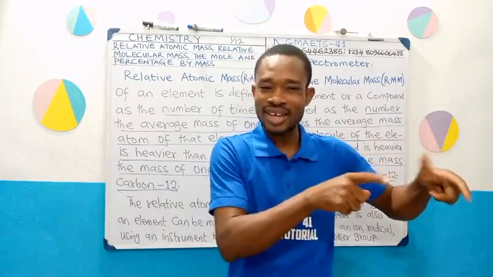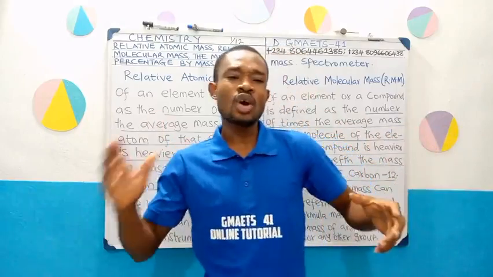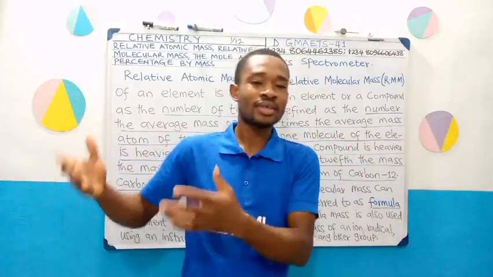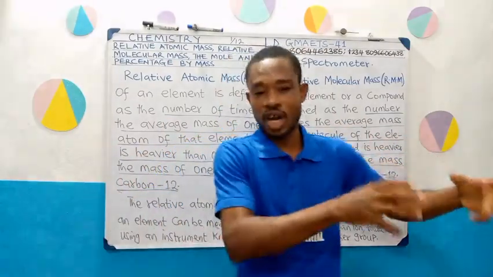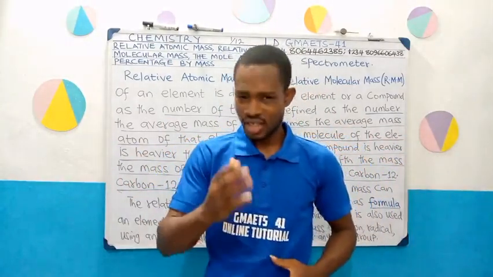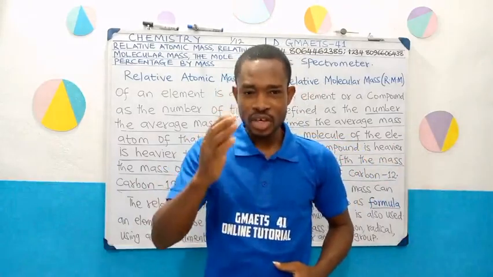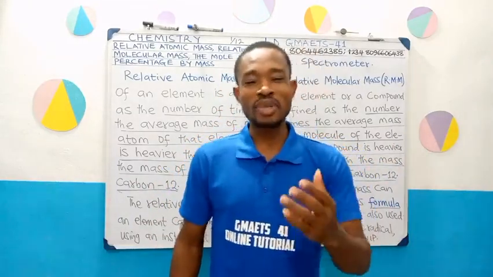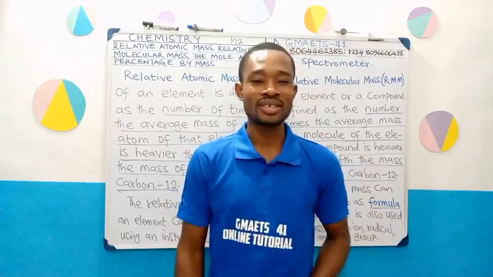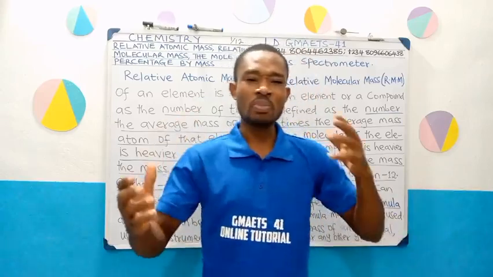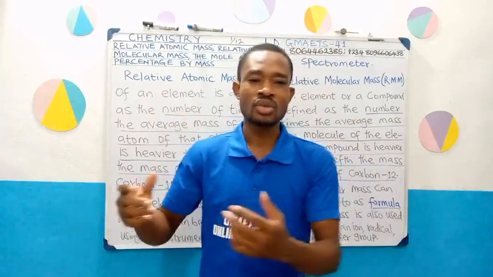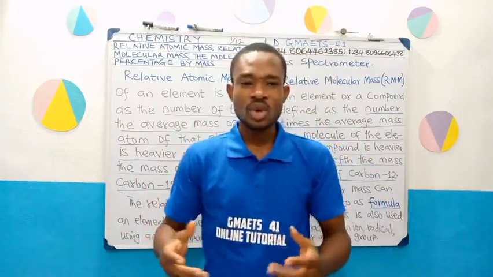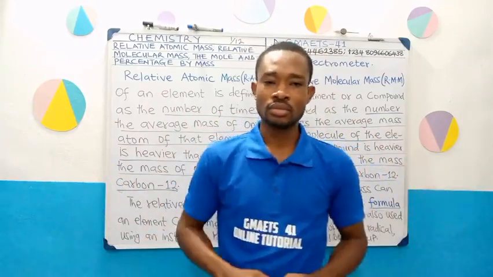The another one there is carbon. We usually compare the weight of other elements to that of carbon. Does that make sense? So with this idea, when we define what relative atomic mass is and relative molecular mass, it will make more sense. Don't forget, we are trying to compare the weight of elements, the weight of compounds, with that of carbon.